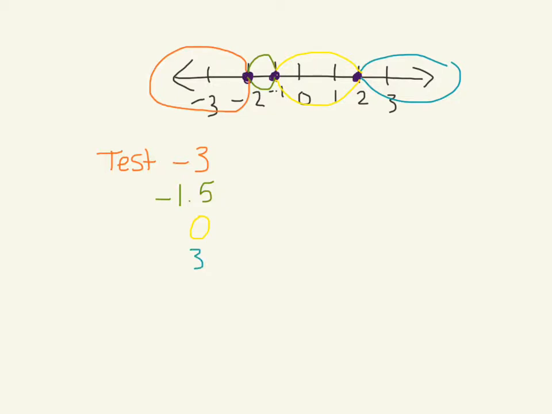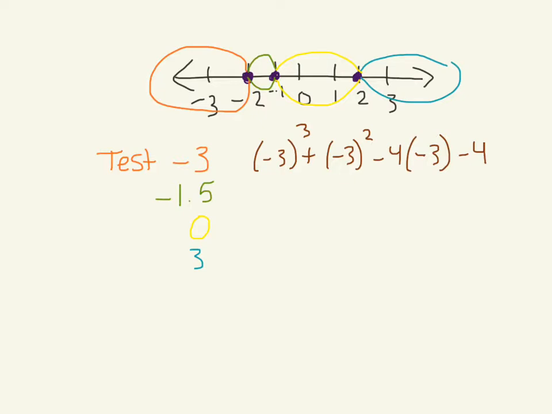Remember, to test these, we just plug them into our polynomial. So I'm going to plug in negative 3: negative 3 cubed plus negative 3 squared minus 4 times negative 3 minus 4. And so on for the rest of these.